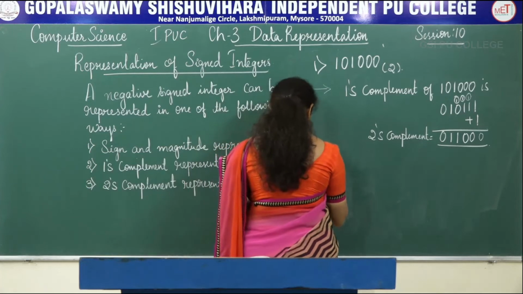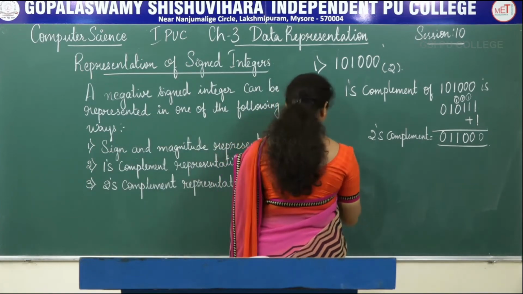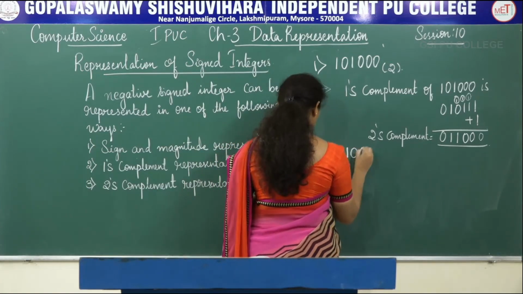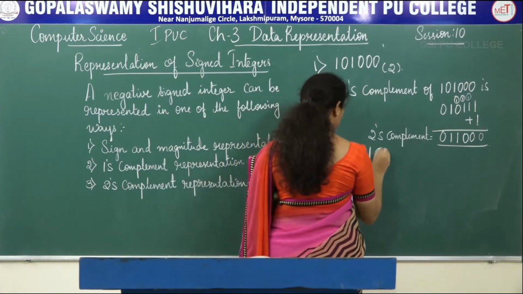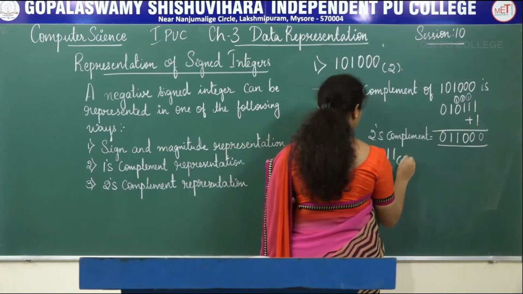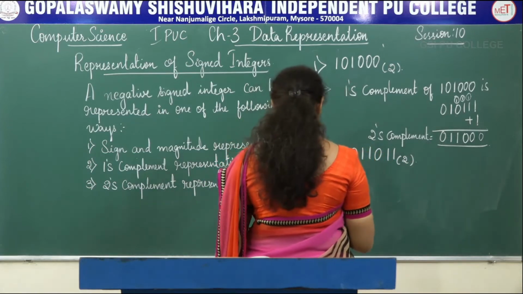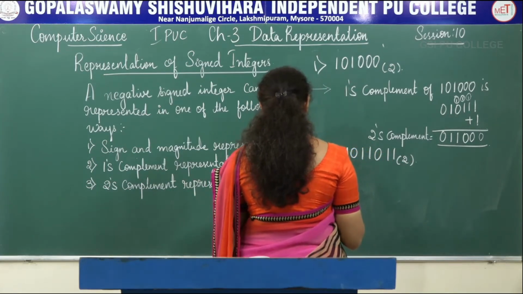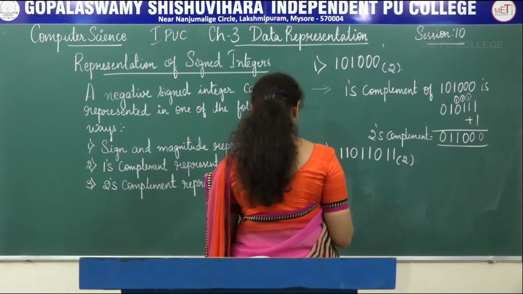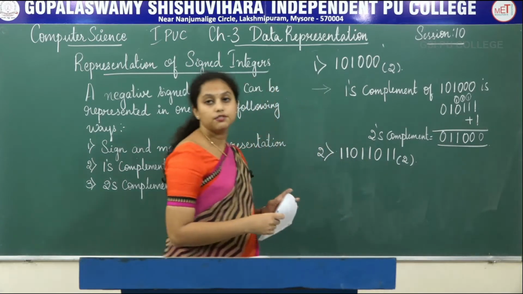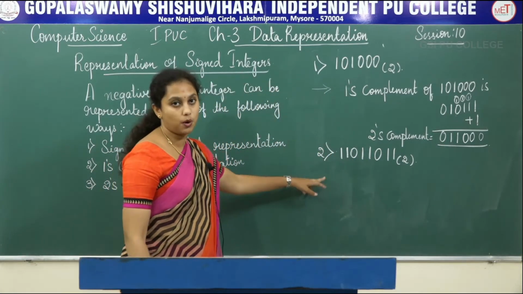Next problem, 1, 1, 0, 1, 1, 0, 11 base 2. First, we have to find out the ones complement.